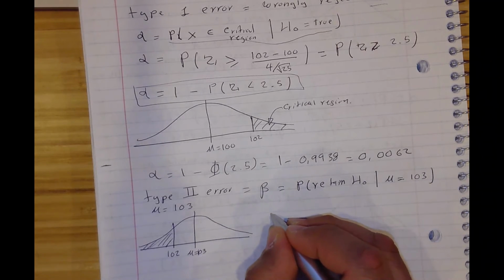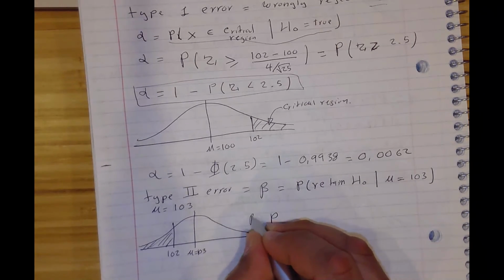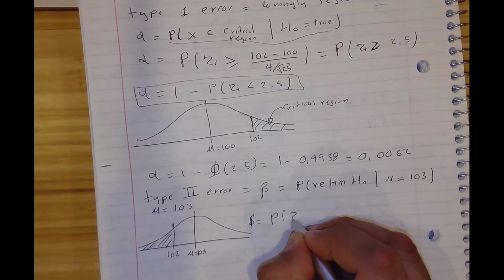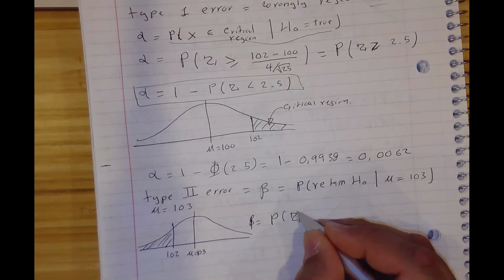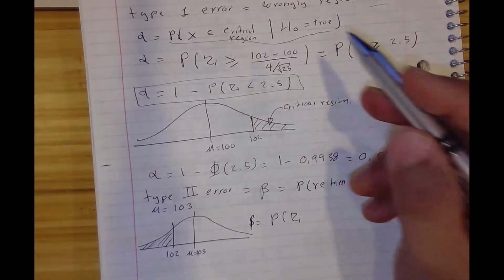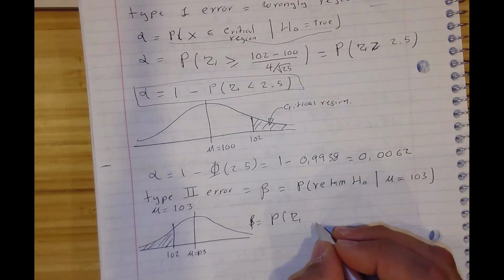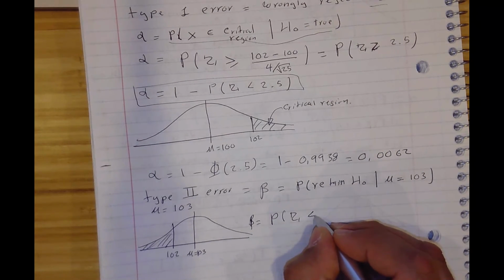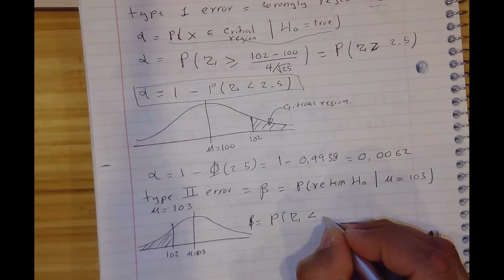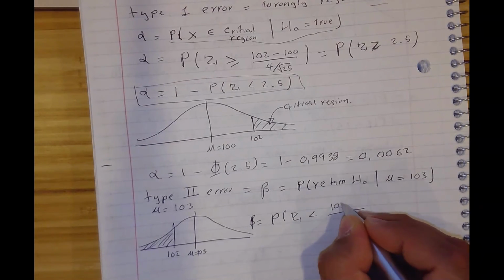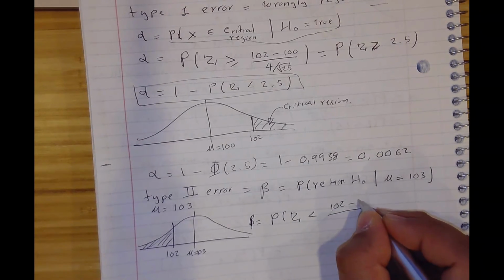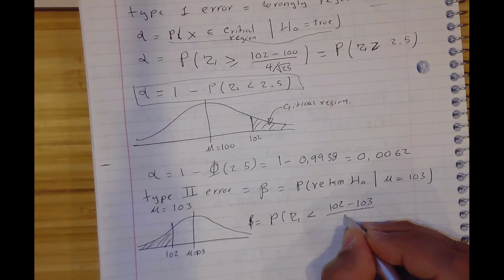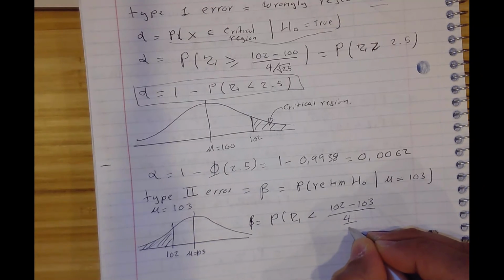So for that we have that beta is equal to the probability of Z. Remember, this Z score is because we are assuming that this is normally distributed, just for the example, it does not necessarily have to be normal, is less than 102 minus 103 divided by 4 divided by 5.